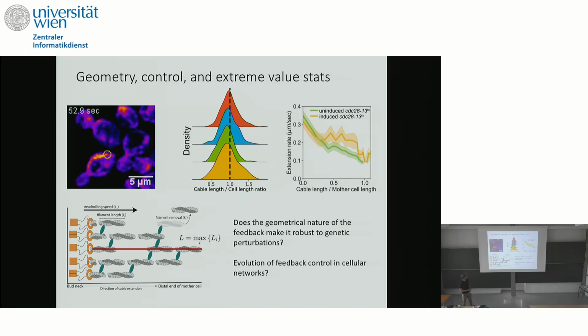One of the things that predicts is that if you start doing genetic perturbations to this system, which we've done a lot, and that was 5 years of frustration, you will always see this feedback. And that's exactly what we saw. We saw the set point shifting left and right, but we could never get rid of the feedback. And so now we think we can't get rid of the feedback because it's built into the geometry of the cable itself. So that makes this whole thing robust.